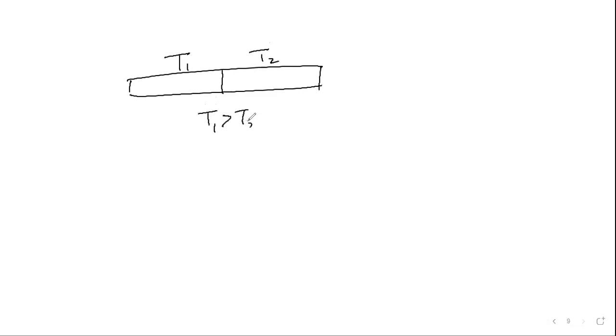I said, if I have a metal rod with a temperature gradient, that one portion of the metal rod has temperature T1, the other portion has temperature T2. If T1 is greater than T2, T2 can be greater than T1, but let us assume T1 is greater than T2. What is the natural direction for this metal rod? If it has been isolated from a heat source, what would happen to it?